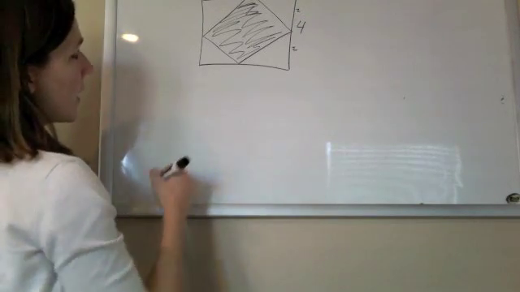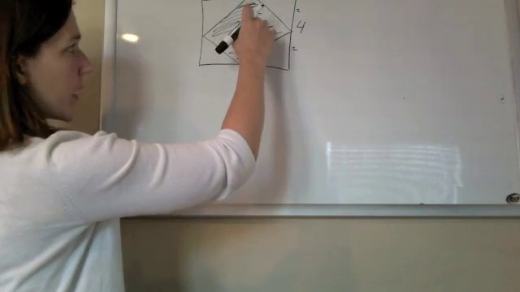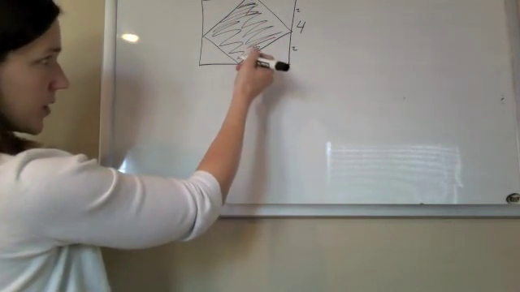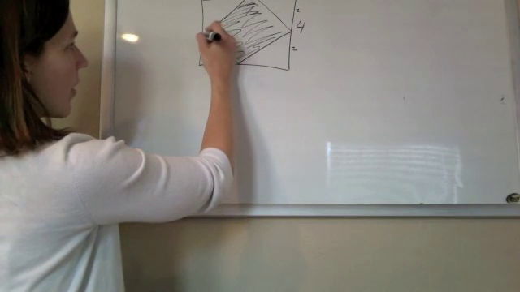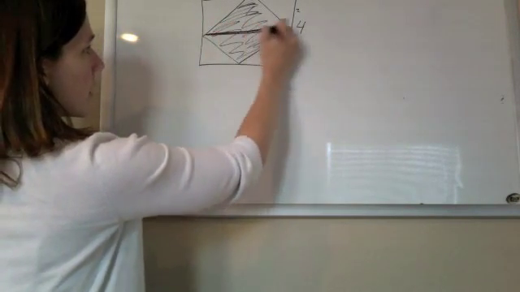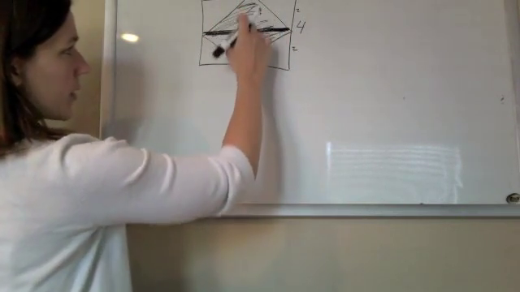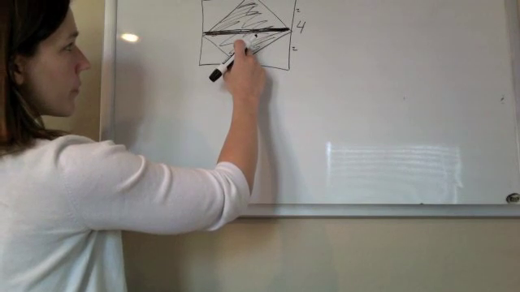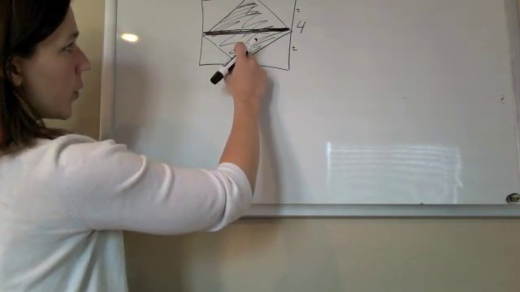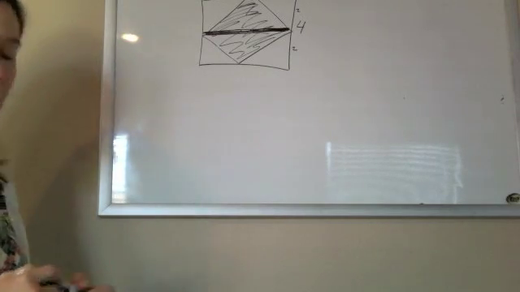So if I wanted to get this area, there's a couple of ways to do it. I was going to do it a different way, but I'm looking at it now. What if we broke this up into 2 triangles, a top triangle and a bottom triangle? And we know that the area of a triangle is 1/2 base times height.